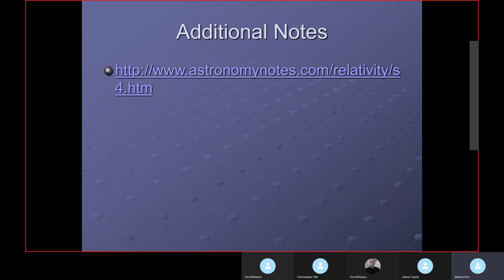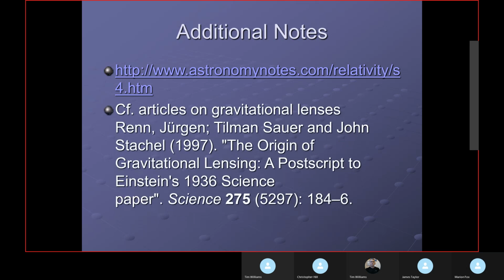Here's some links that you can go to get information about gravitational lenses. And here's another site that you can go to, and you can, of course, pause this and get this. And this is in Science Magazine, 275, 5297, and pages 184 to 186.